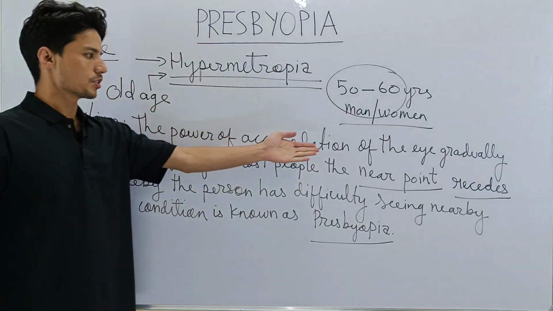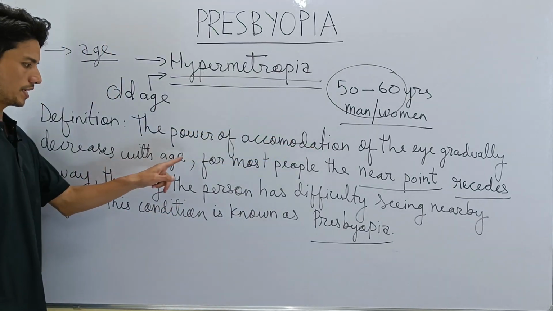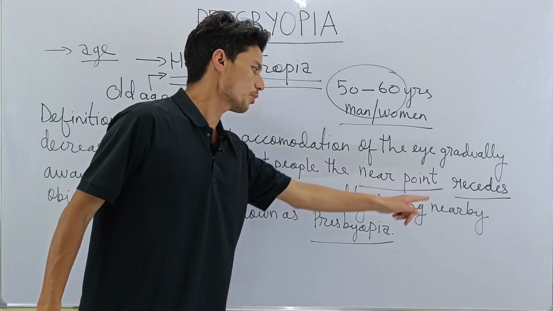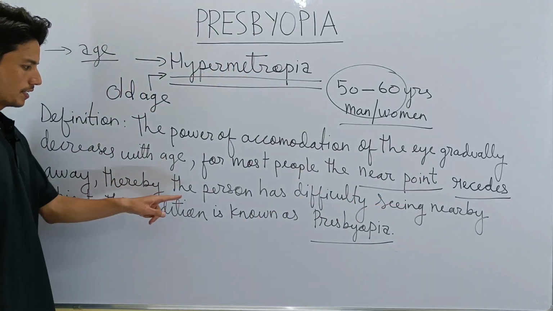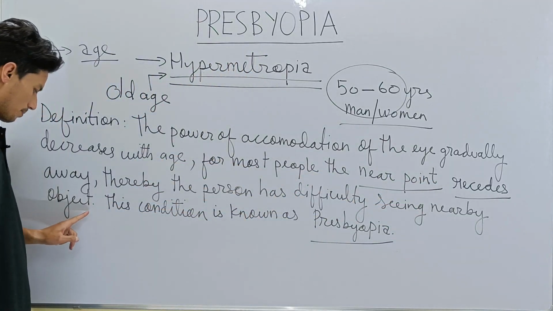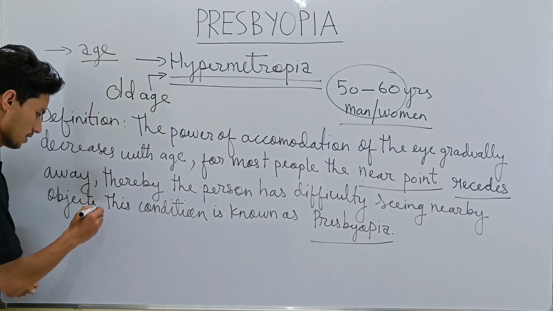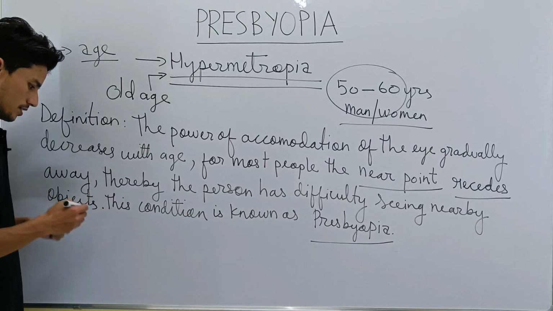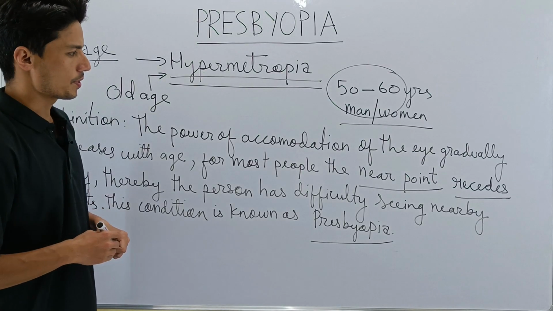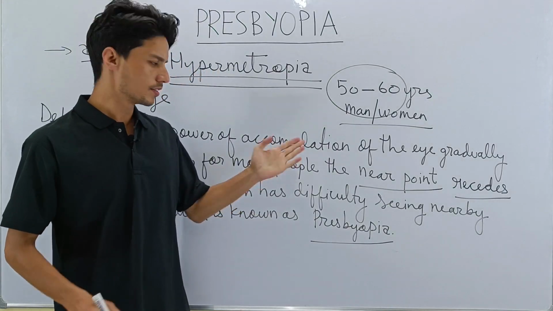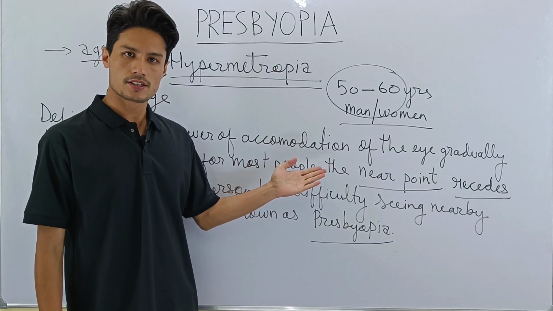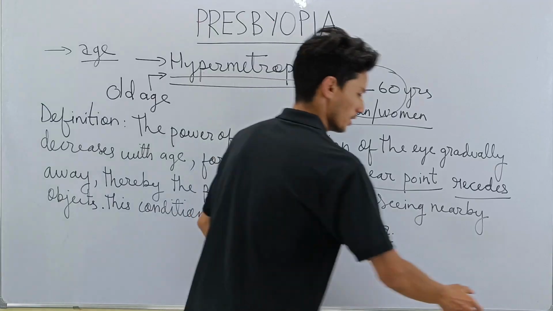The power of accommodation of the eye gradually decreases with age. For most people, the near point recedes away. Thereby, the person has difficulty seeing nearby objects. This condition is known as presbyopia. So everything is very clearly mentioned here. So this is the definition.